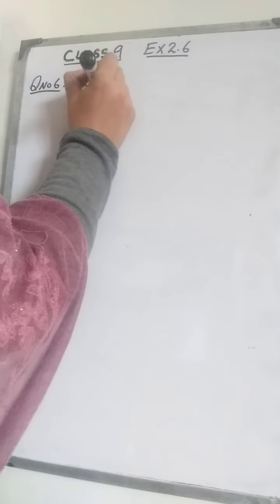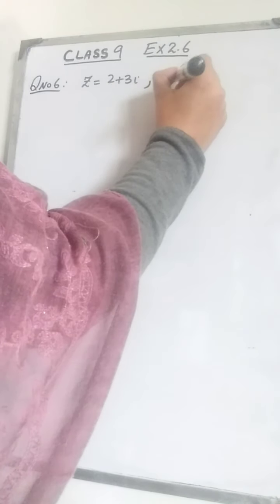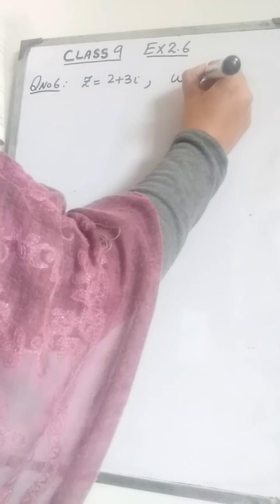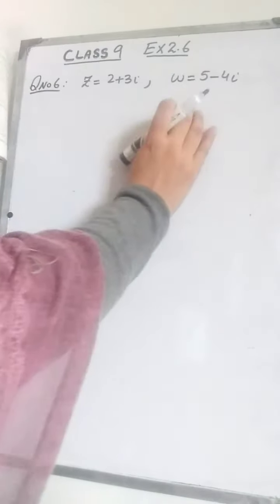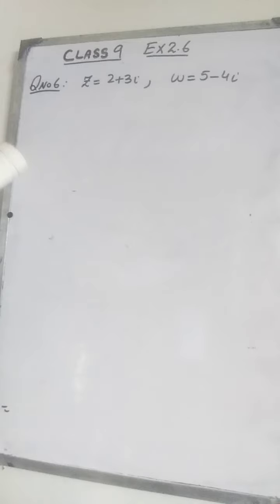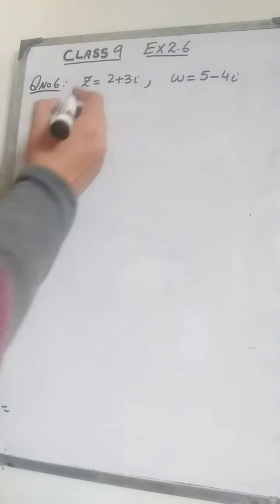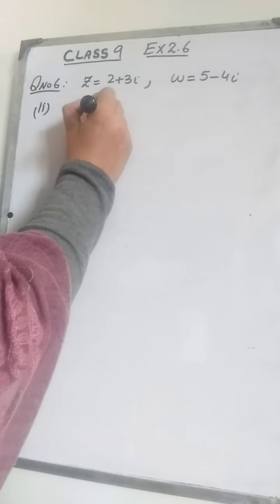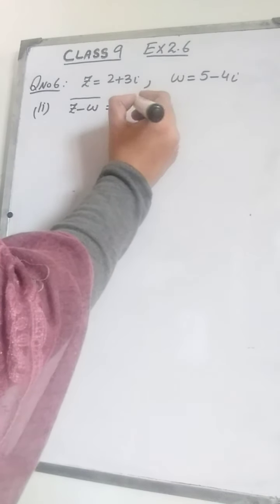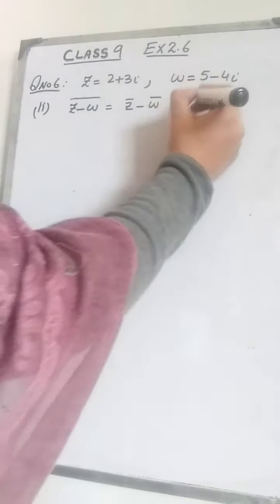So the question is, if Z is equal to 2 plus 3 iota and W is 5 minus 4 iota, we have to do part 2 of this. We have to calculate Z minus W bar. We have to show that Z minus W bar is equal to Z bar minus W bar. Okay, we have to show that.